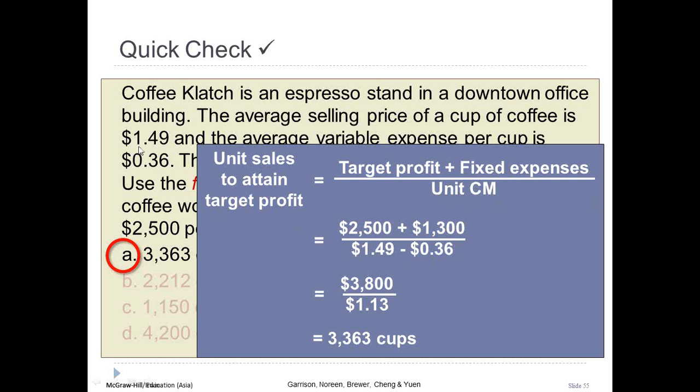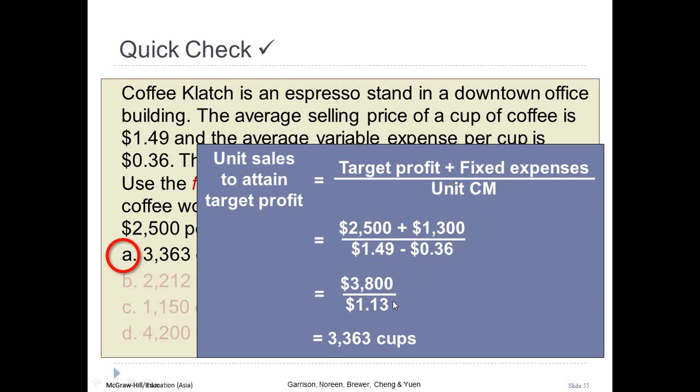So what's our unit contribution? $1.49 selling price, 36 cents variable expense per unit. So on the bottom, we have the unit contribution. Here's our target profit, $2,500. Here's our fixed expense, $1,300.